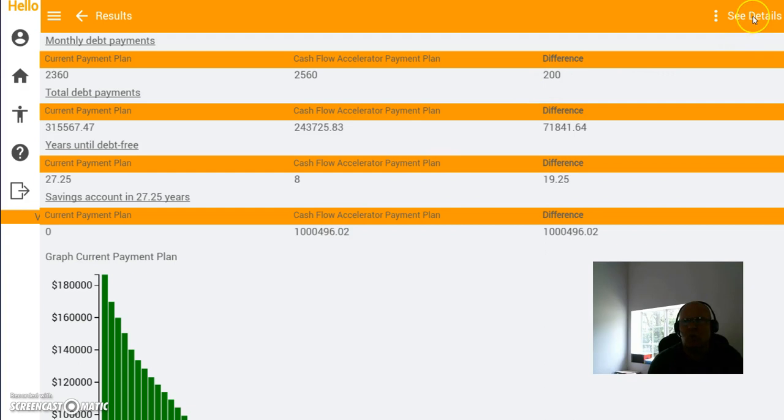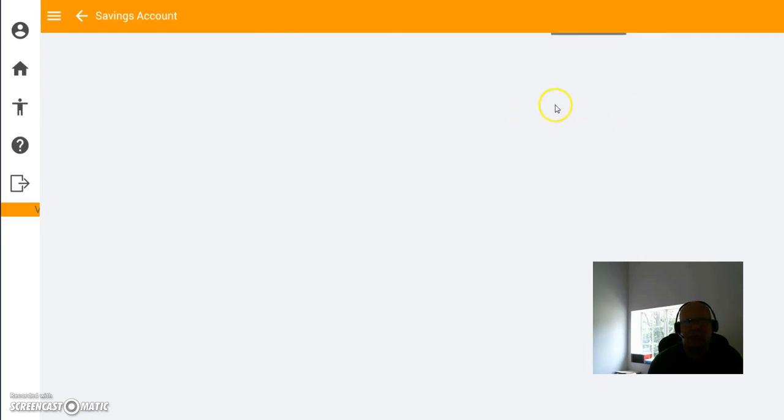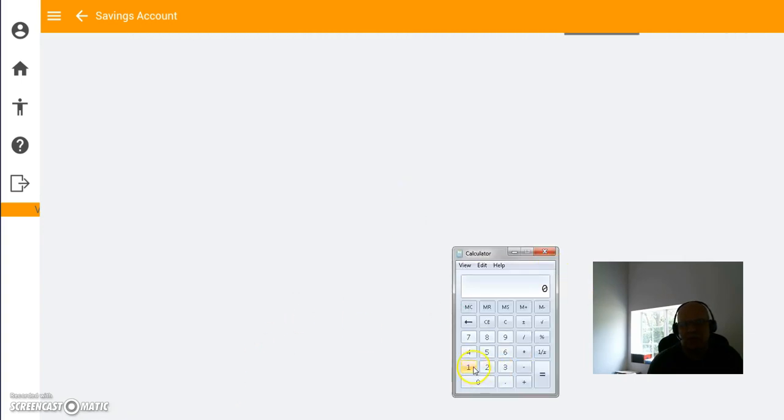So if I could show you one last thing, this actually shows you a breakdown up here of what your current plan is, what our plan is, and then what your savings plan is. So I'm going to pull up the savings plan. This is a simple compound calculator. It's going to take the deposit of that $2,560 that we talked about, and then we're going to take that 19.25 years, which was the difference.